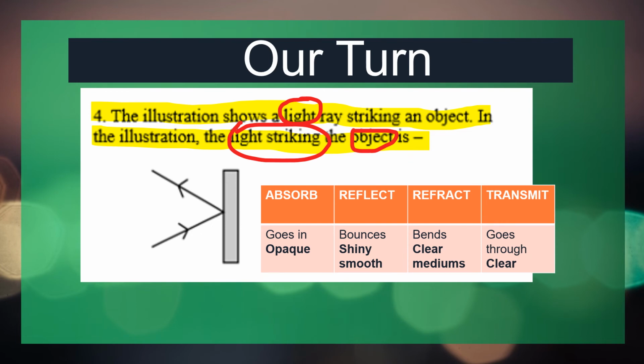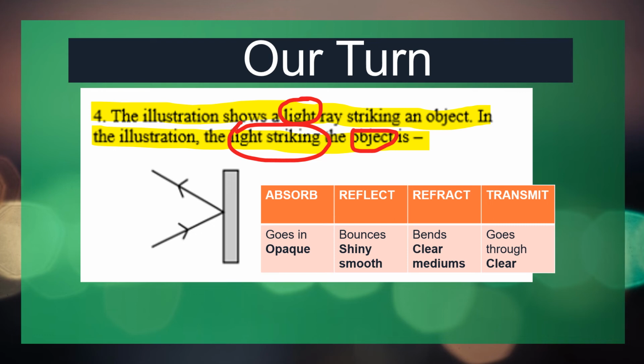Is it absorbed? Does the light go in? No, the light does not go in. The light is actually bouncing. So it cannot be absorbed. Reflect: is the light bouncing? Yes. This object must be shiny and smooth. I can't see the color or if it's a metal, but I know that the light is bouncing.